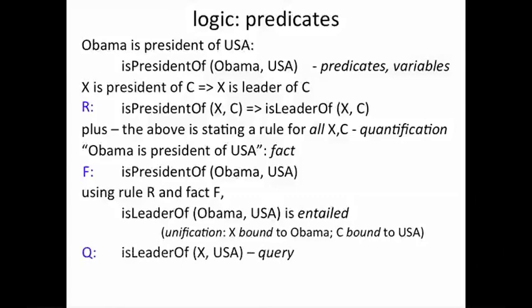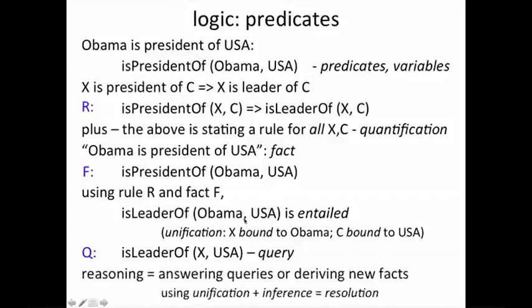Now, in response to a query, which could be expressed as is leader of X, USA, where USA has been fixed or bound, but X remains variable, one could look at the bunch of rules and facts that one has in one's collection of knowledge and try to answer this query by reasoning, which is essentially answering by deriving new facts which match the query.